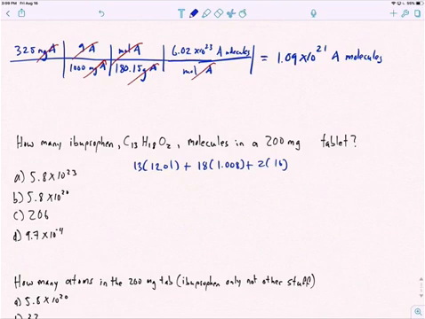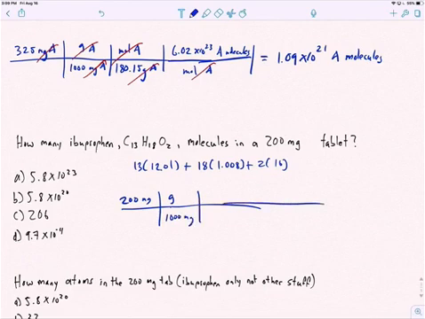And the way you set this up: 200 milligrams, 1 gram to 1,000 milligrams, then 1 mole to the molecular mass. So that's the way you solve that one.